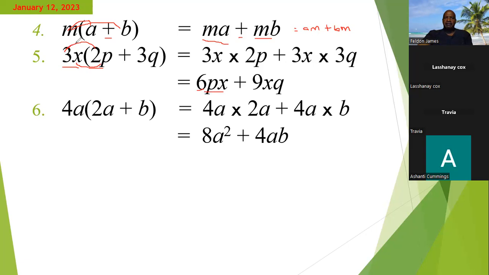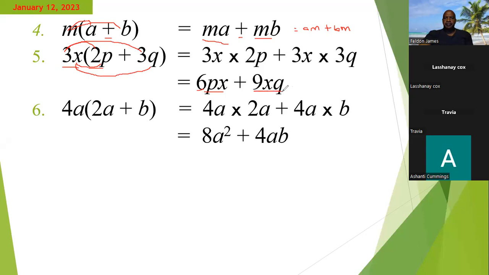And then 3 times 3 is 9, and x times q. Well, I have 9xq here, but it should be 9qx if we're keeping them in alphabetical order.